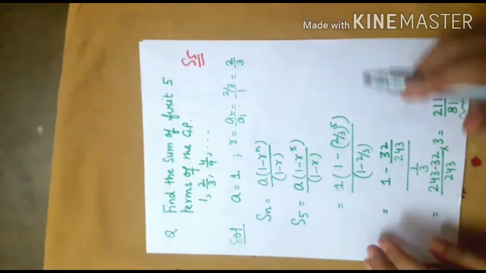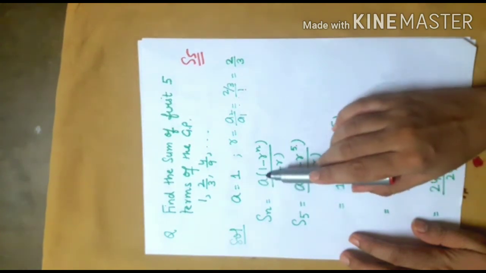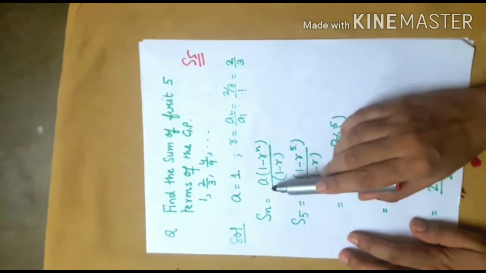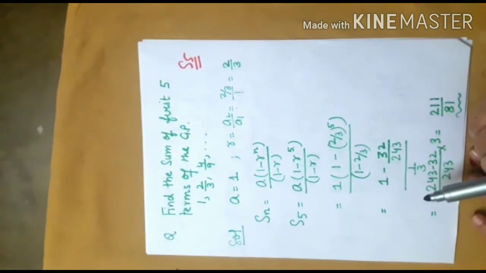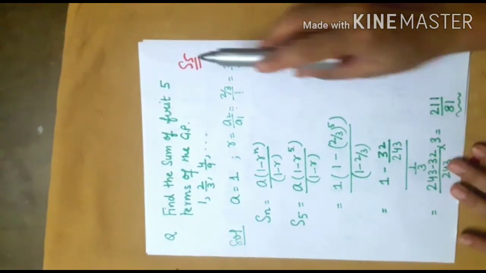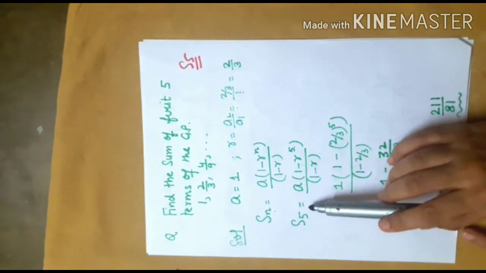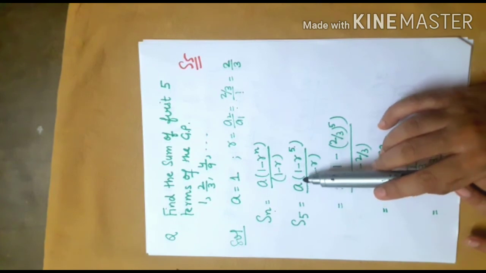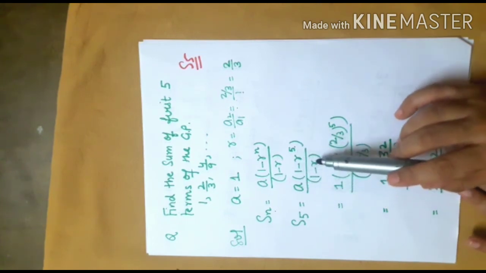Now, for a GP, Sn is equal to a into 1 minus r raised to the power n over 1 minus r. As I need to compute S5, the role of n will be played by 5. So S5 will be equal to a into 1 minus r raised to the power 5 over 1 minus r.